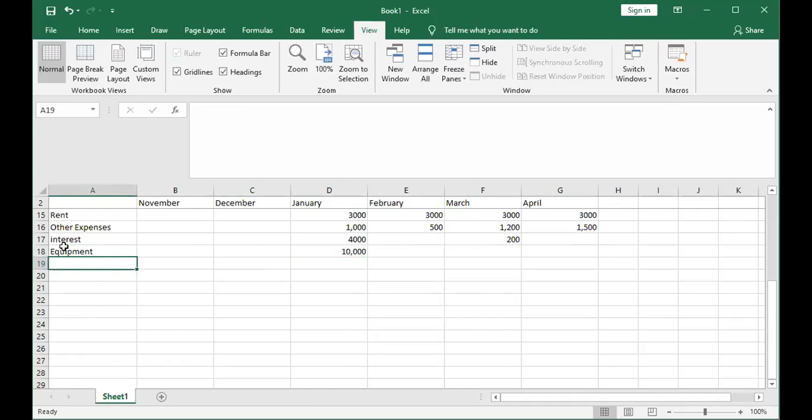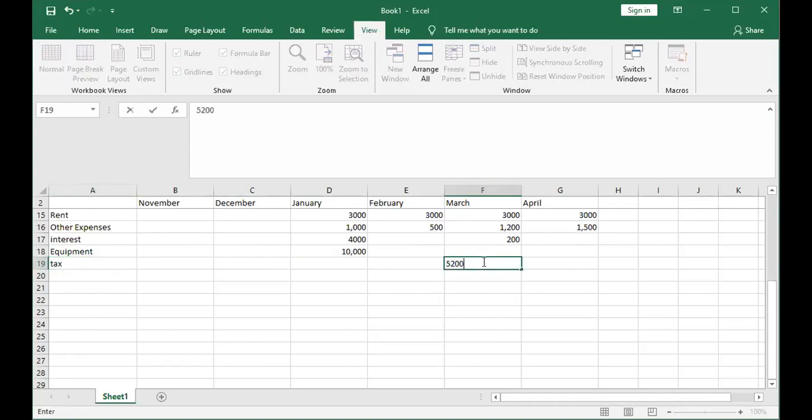In March, there is also an interest of 2,000 ringgit and a tax payment. Tax is also due in March, for 102,000.